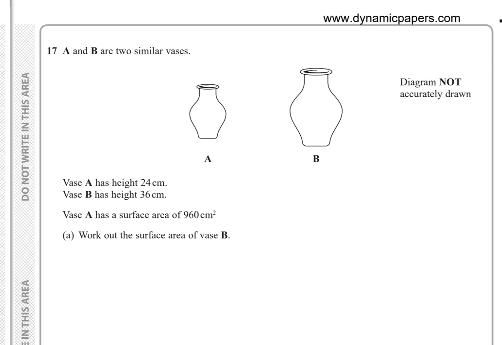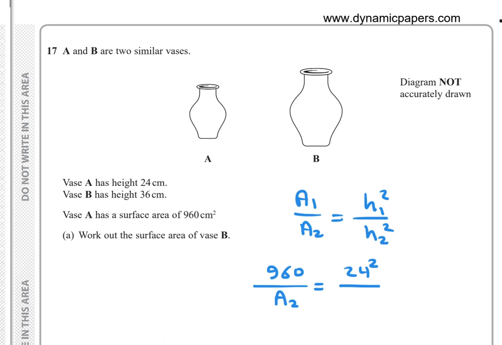Because they are similar, area 1 over area 2 equals height 1 squared over height 2 squared. Area 1, we can start with vase A. So area 1 equals 960 over area 2, height 1 squared, so 24 squared, over height 2 squared, so 36 squared.